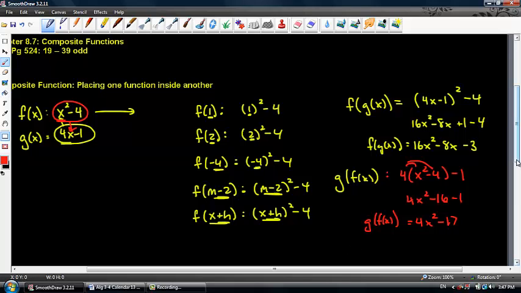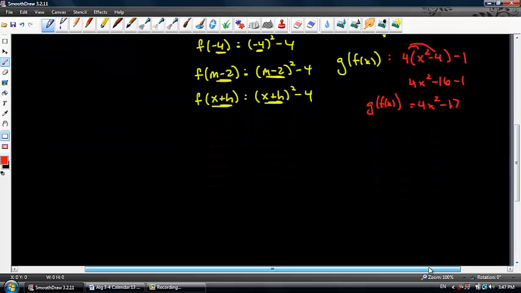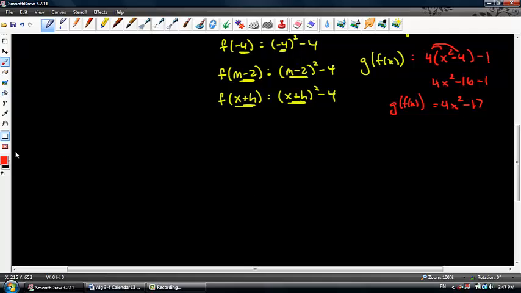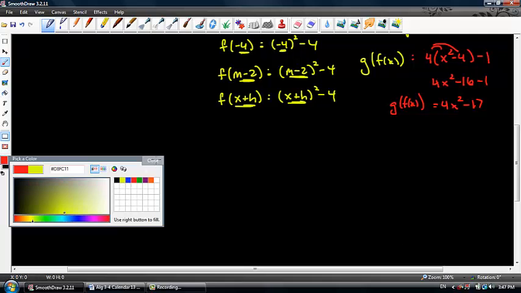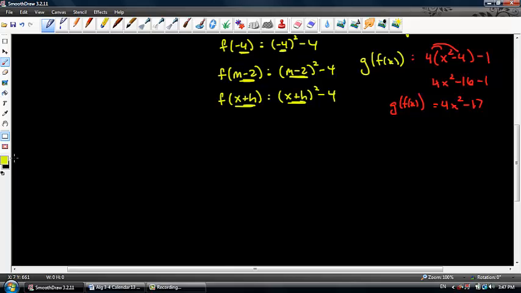So let's do a few more examples, because I think that with composite functions they can just get a little confusing. The plugging is actually more difficult than the actual chugging. So if I give you two more functions, f of x equals x squared minus 7x plus 4, and g of x is going to equal 2x plus 1.